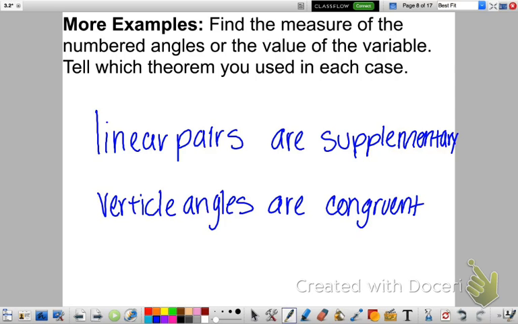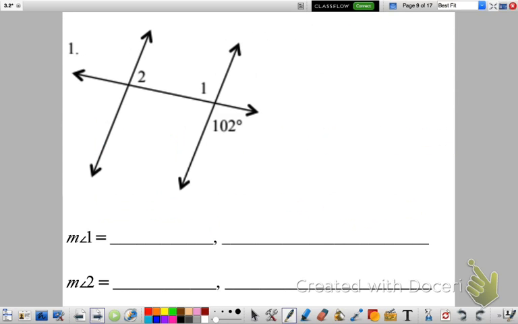Using these two concepts, as well as our new ones that we have just used today, I want you to work through the following examples and see if you can give me the angle measure, and it will go on the first line for each problem. That will be the angle measure. And then your reasoning will go on the second line.